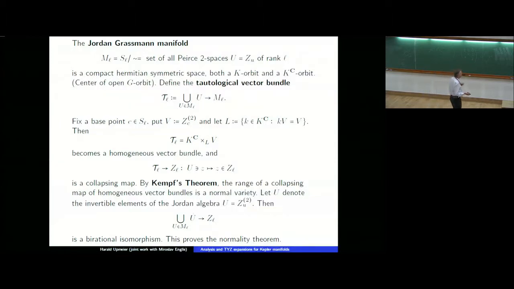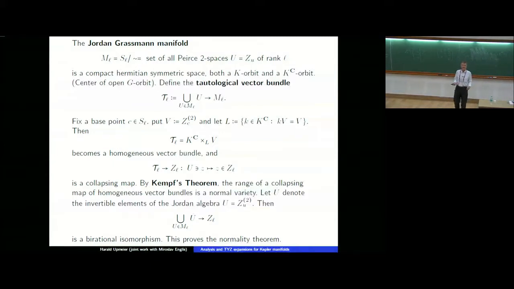And it is precisely the center of the open orbit. Here, this is the open orbit, and the Grassmannian is precisely the so-called center, the Matsuki center, the intersection of the two, GO intersecting KCO. That would be the Jordan Grassmann manifold.